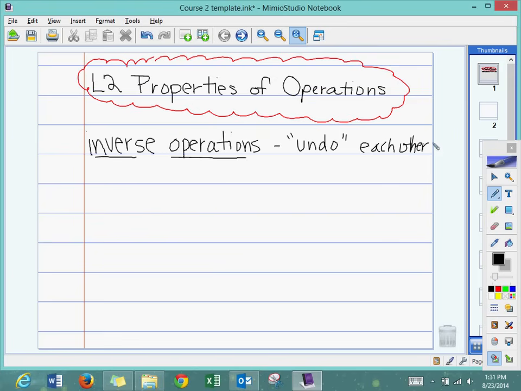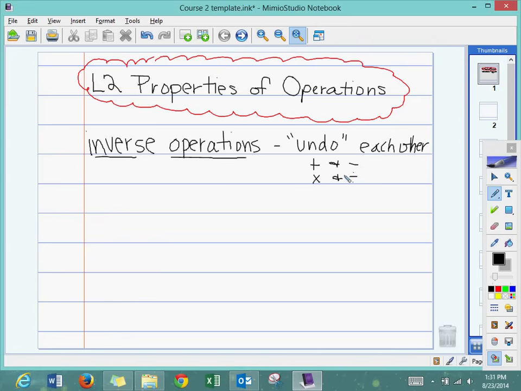Think of the operations that undo another operation, and I think you'll come up with addition and subtraction and multiplication and division. If I add something together, I can subtract to get back to my original number. Same with multiplication and division.